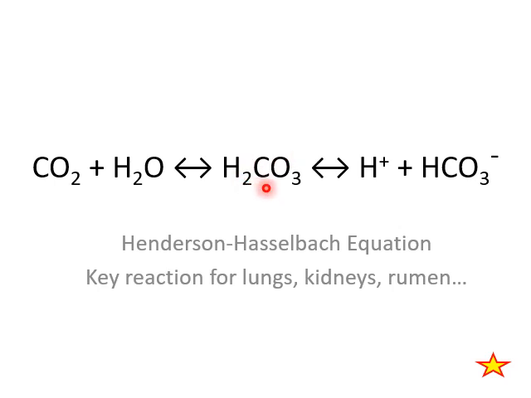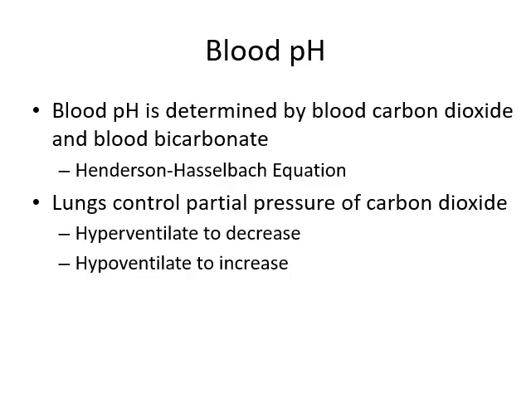It's not going to stay in this form for very long. Carbonic acid is going to dissociate into a hydrogen ion and a bicarbonate ion. So these are key reactions in the lungs, kidneys, and rumen. If the lungs control the carbon dioxide, the kidneys control the bicarb at the other end. So pH is determined by the Henderson-Hasselbalch equation by carbon dioxide level controlled by the lungs, followed by bicarbonate controlled by the kidneys.